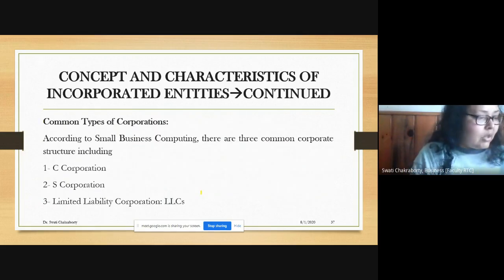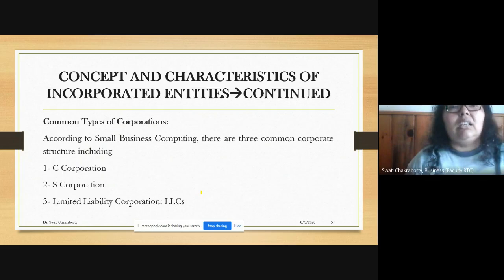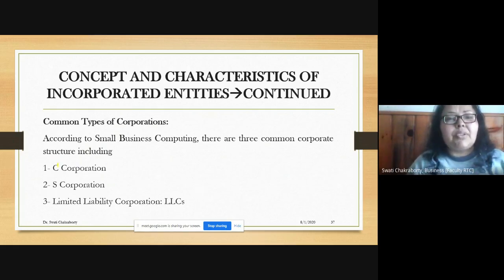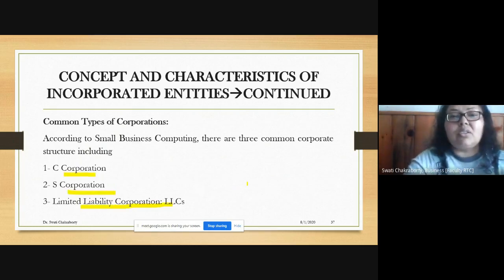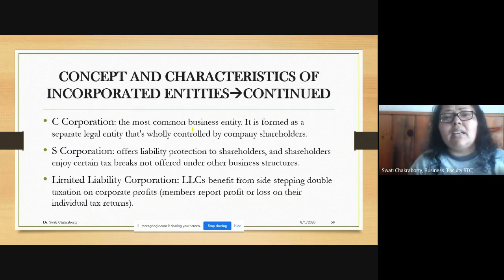So what are the common types of corporations that we have? Well, there are three types: C corporation, S corporation, and limited liability corporation. Let's go into a little detail. C corporation is formed as a separate legal entity that's completely controlled by the shareholders.